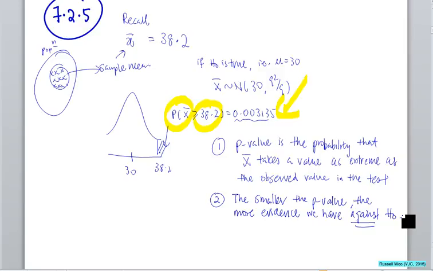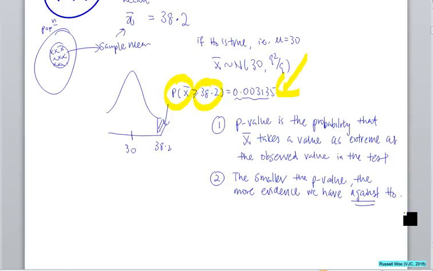Makes sense, right? That means the smaller this value is, the rarer it is, therefore we have more evidence against H naught. And we can actually make our decision based on the p-value as well. Remember? I don't know whether you recall. We can use it for decision making now.